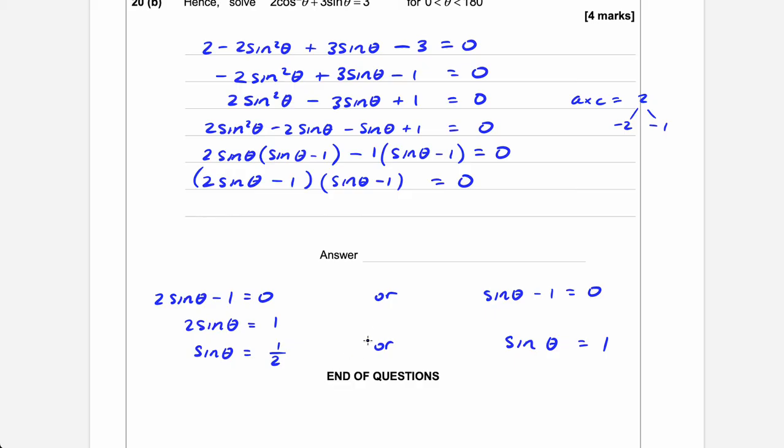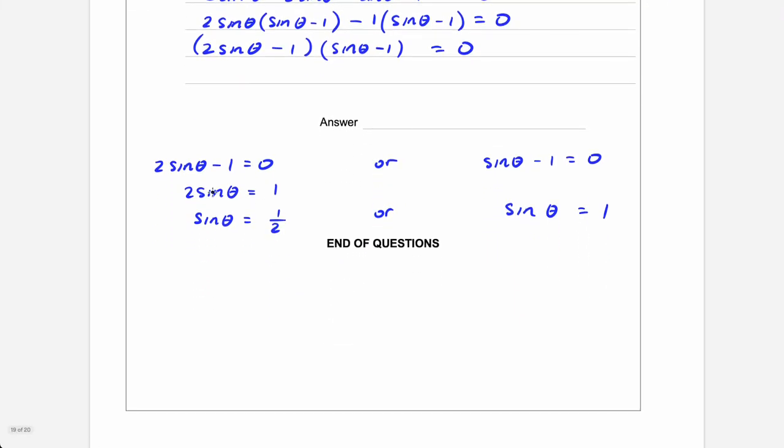Now we're going to solve these separately. Sine theta equals a half. Where does sine theta equal a half? The way I do it is I say my acute angle, we need to know what the inverse sine of a half is. It's 30 degrees. And we need to know what the inverse sine of 1 is. It's 90. So here, theta is equal to 90. This one's the only solution, 90.